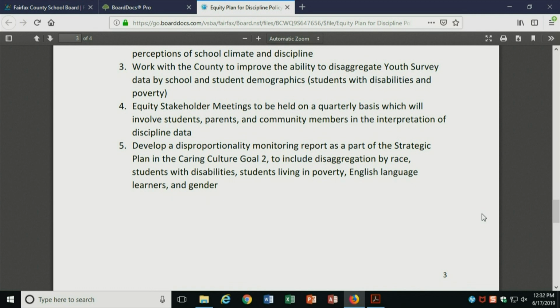And then the last thing, which I think is a really important one: you just heard last week our Goal 2 presentation by Ms. Johnson, and today, at the end of the day, we're going to have our Goal 2 report. We do not have a disproportionality monitoring report as part of strategic plan Goal 2. We need to work with ORSI to develop a way to capture something yearly and annually that we can present to the school board and the community on how we're doing with regards to disproportionality.